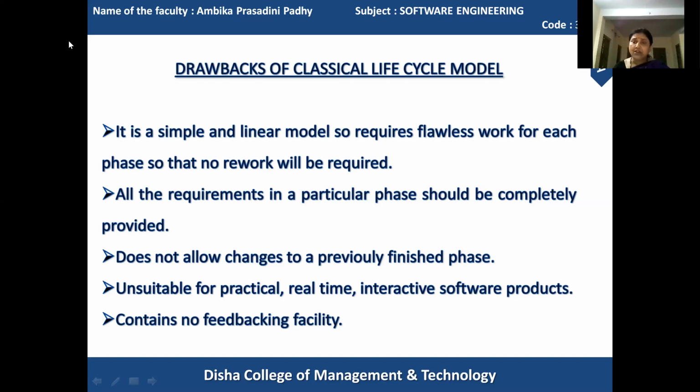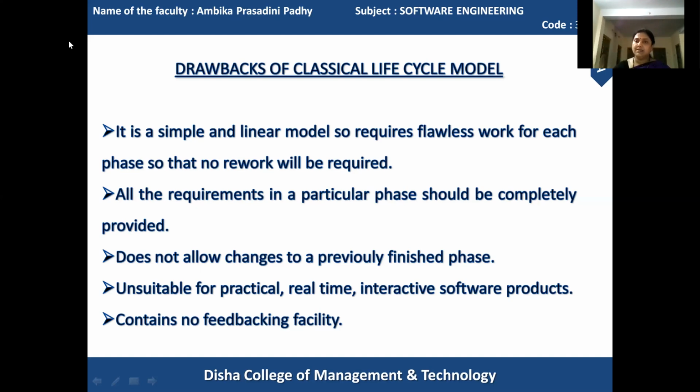Rework is not allowed. If a phase is executed, it's over and we move to the next phase. If we find that there was an error in the previous phase, it cannot be rectified. So it requires flawless work and complete consideration to prohibit rework, which is not easy for anybody to achieve. And all requirements in a particular phase must be completed.